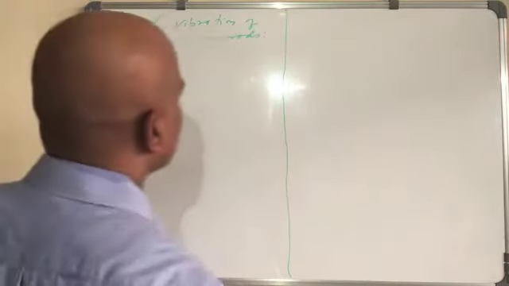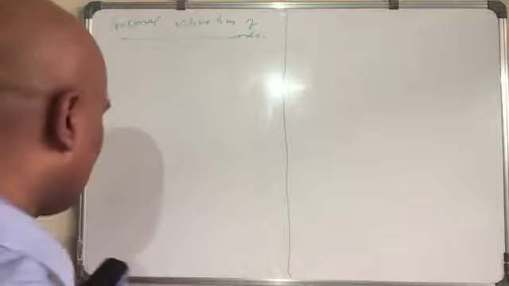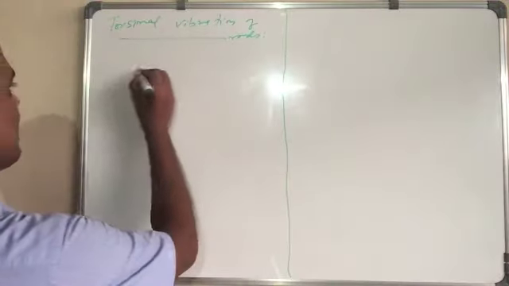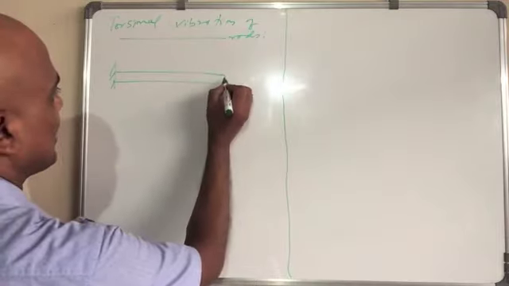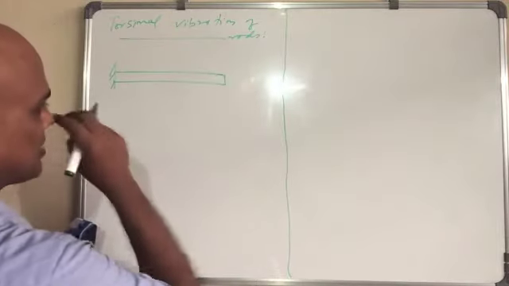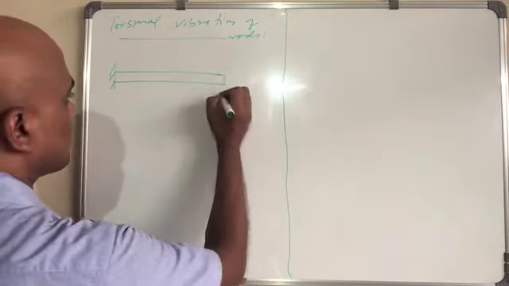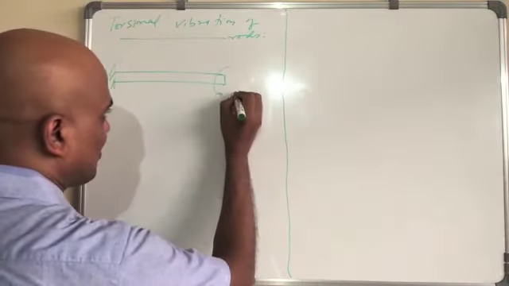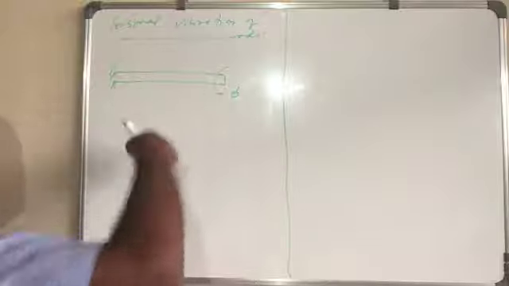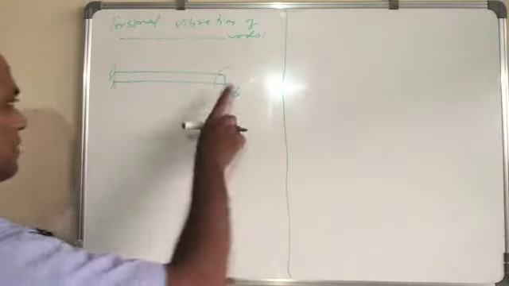This is again a shaft that has its own mass, and the degree of freedom is phi.